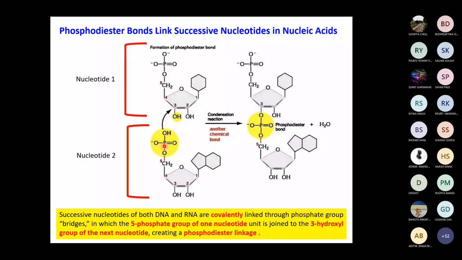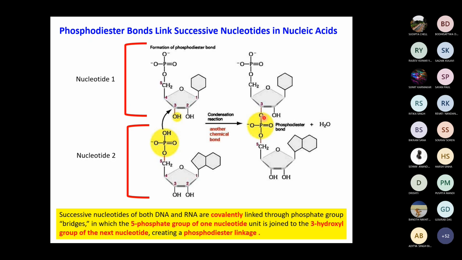The OH and this hydrogen get removed, and we have a bond between this phosphate and the oxygen of the 3rd carbon.